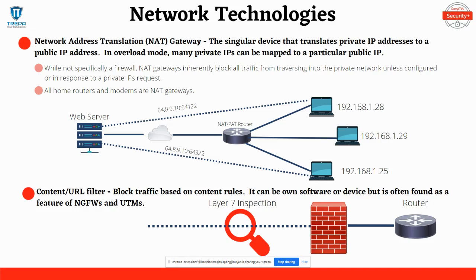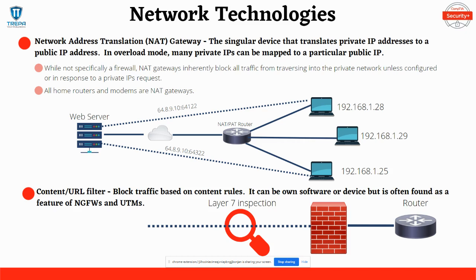And then we have content slash URL filtering, which will block traffic based on content rules instead of IP addresses or protocols. We kind of talked about this in our next generation firewalls. Content slash URL filtering can be very granular in how it works.